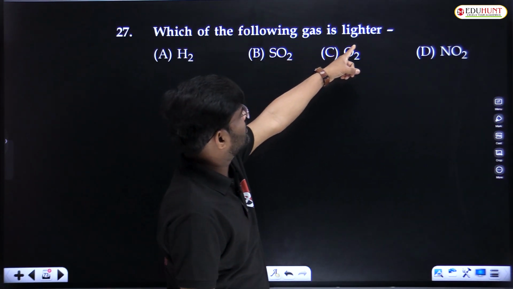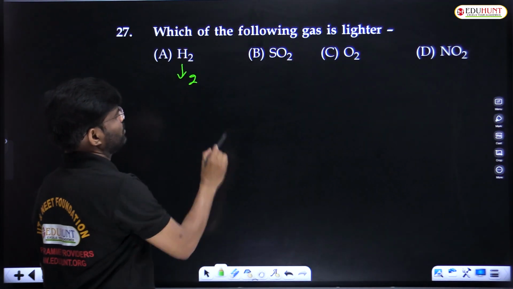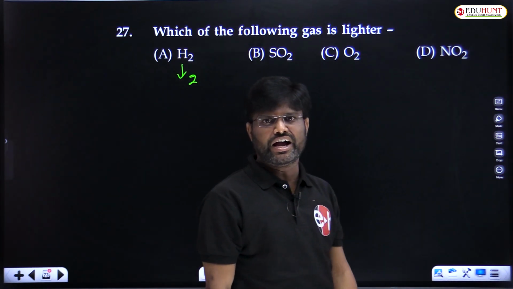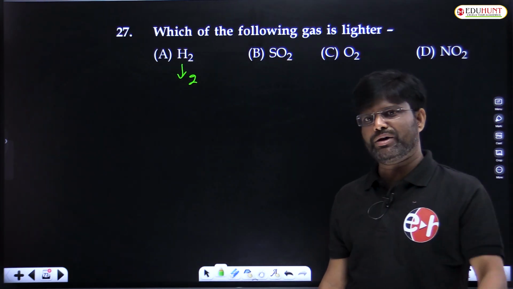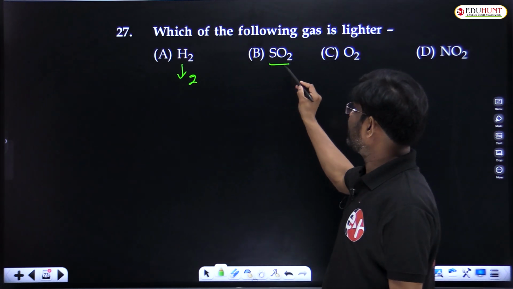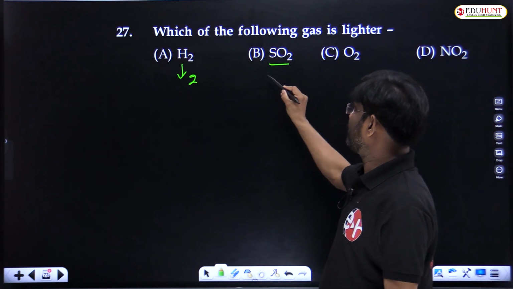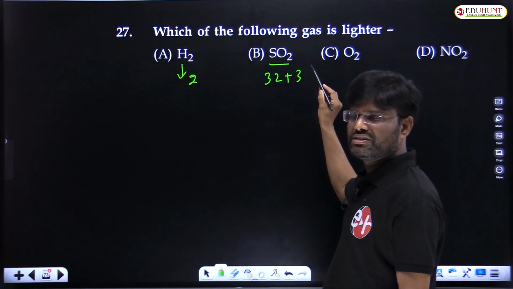Which of the following gas is lighter? Hydrogen atomic number is 1, atomic weight also 1. 2 hydrogens, so molecular weight is 2. Sulfur dioxide: sulfur is 32 plus oxygen 16, 2 oxygens 32.